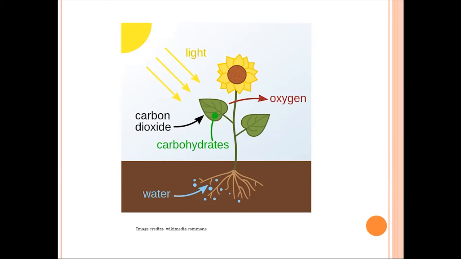And in this process, oxygen is given out. So this is a very good example of how abiotic factors of the environment interact with the biotic factors. You can see here. So that interaction is basically the basis of the ecosystem.